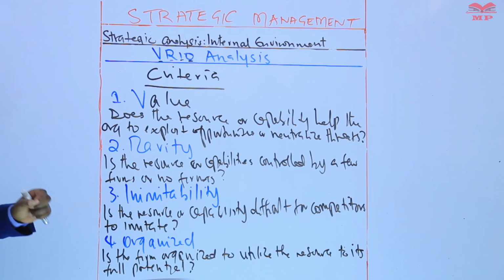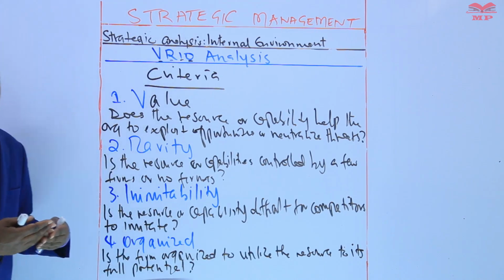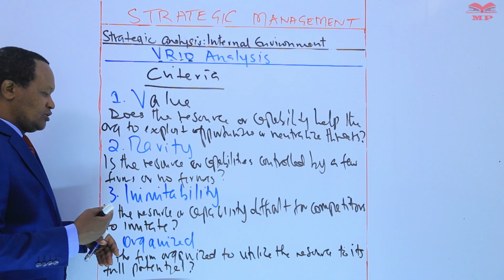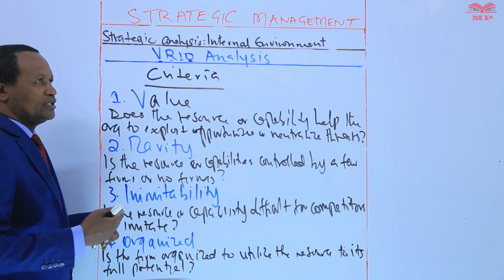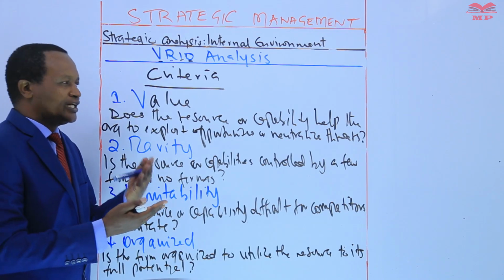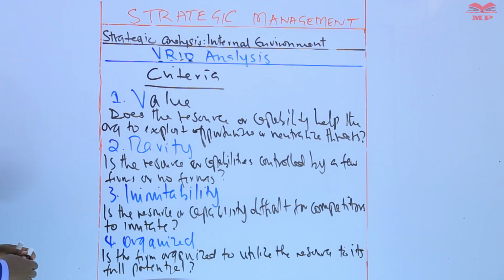So organization support here refers to the company's ability to effectively utilize and manage its valuable, rare, and inimitable resources and capabilities. That includes having appropriate structures. Being organized means having appropriate processes, procedures, systems, and also culture in place to be able to utilize a resource to its full potential.